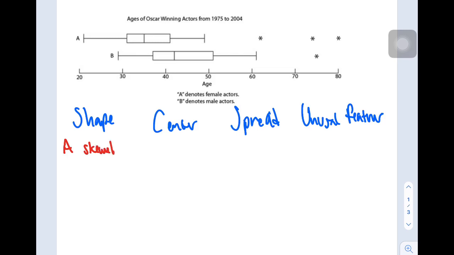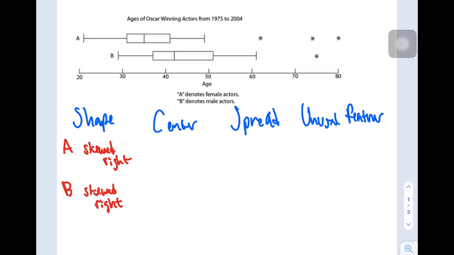So for box plot A, I would say this is skewed right. Box plot B is pretty similar, maybe not as skewed, but there definitely is a high outlier. So that one's also skewed right.